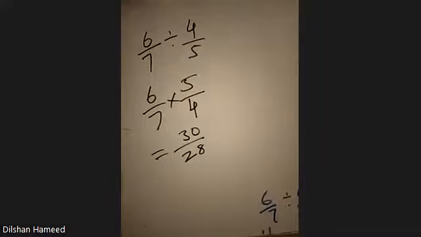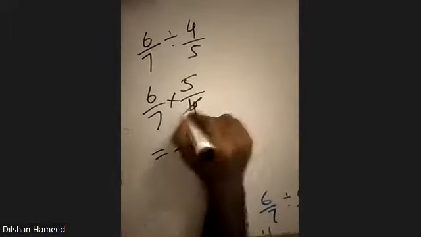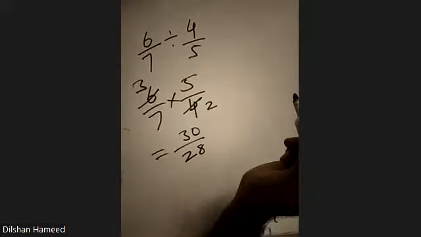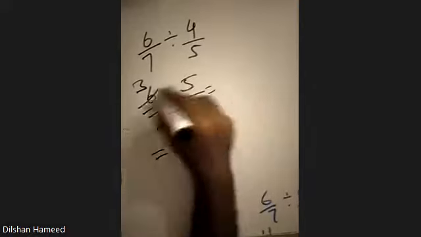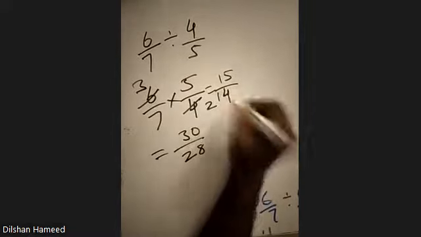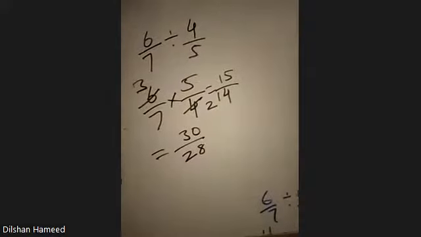Or you can do it another way. 2 2s are 4, 2 3s are 6. Then what you do? 5 3s are 15 and 7 2s are 14. So 15 upon 14 also can be done.